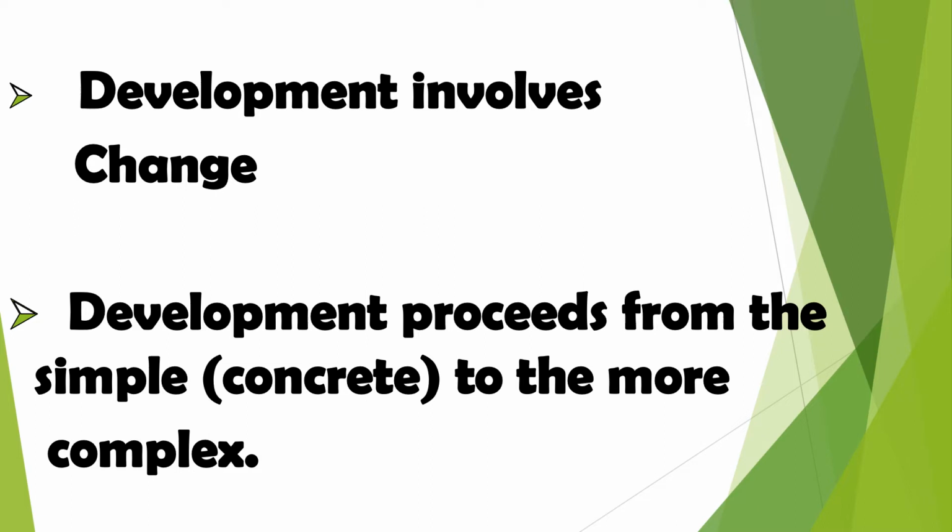Another is development proceeds from the simple or concrete to the more complex. Children use their cognitive and language skills to reason and solve problems. For example, learning relationships between things, or how things are similar, or classification, is an important ability in cognitive development.